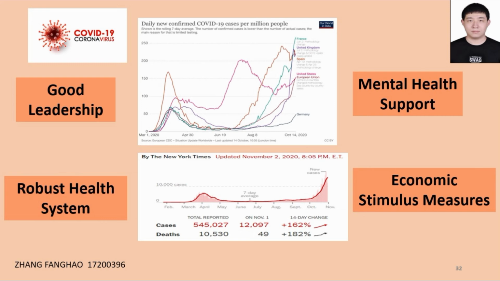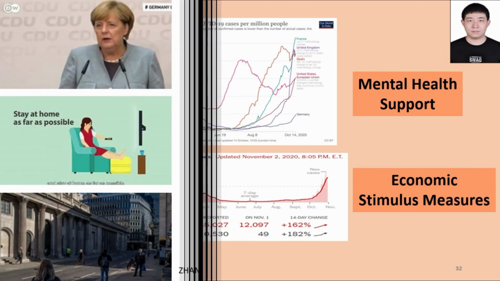It is due to four significant points I concluded: good leadership, robust health system, mental health support, and economic stimulus measures. And I'm going to explain each of them.